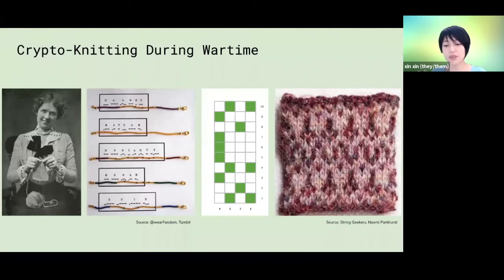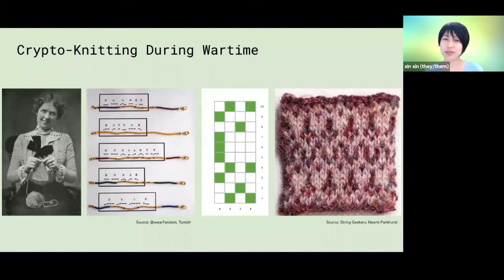Similar to programming, knitting also works in a binary way. When you're knitting, you can either go under a thread or over a thread, and that maps really well onto the way Morse code worked.